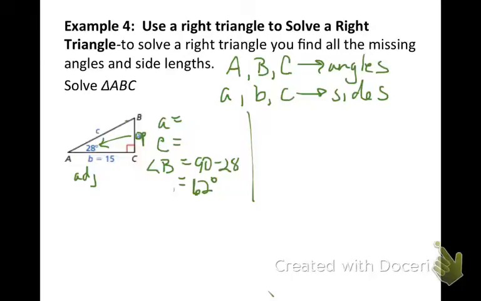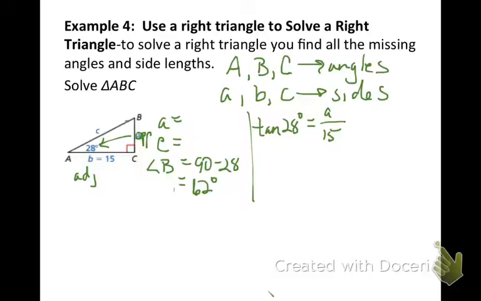I am looking for the opposite. So I think about a trig function that involves opposite and adjacent, and that's tangent. So I can set up an equation. The tangent of 28 degrees equals A over 15.